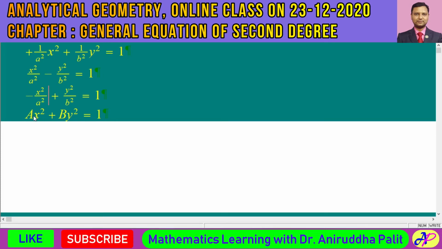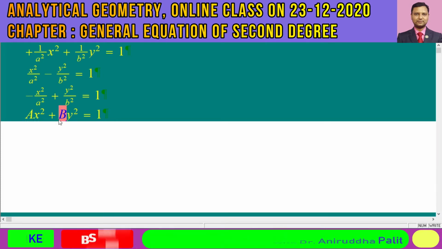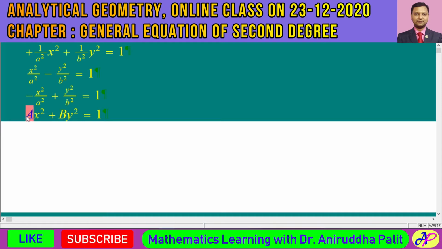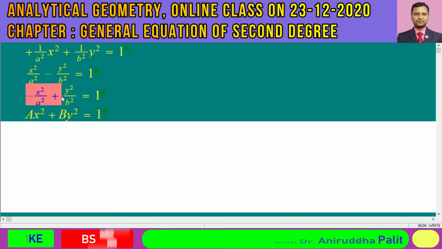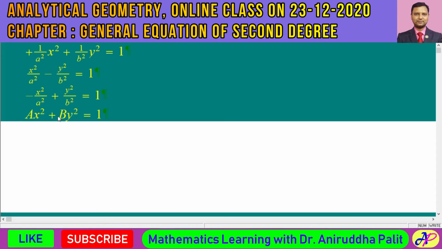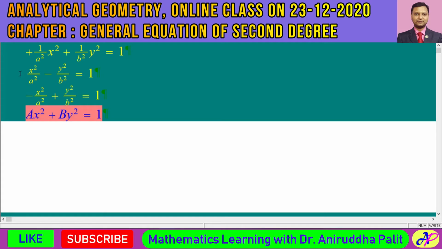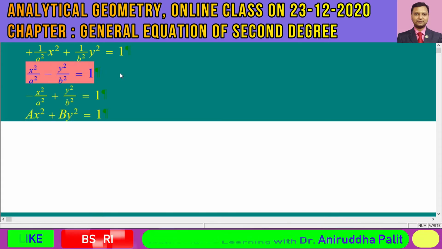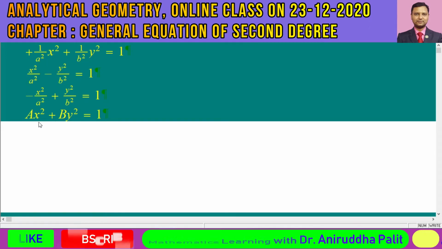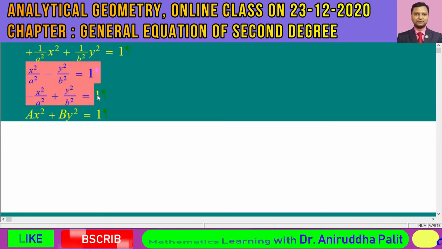However, if one of A or B becomes negative, suppose A becomes negative, in that case the expression can be written in this fashion. If only B is negative, this expression can be written in the second category of equation. So in any case, if at least A or B becomes a negative quantity, the equation can be converted into either the first or the second equation of a hyperbola.